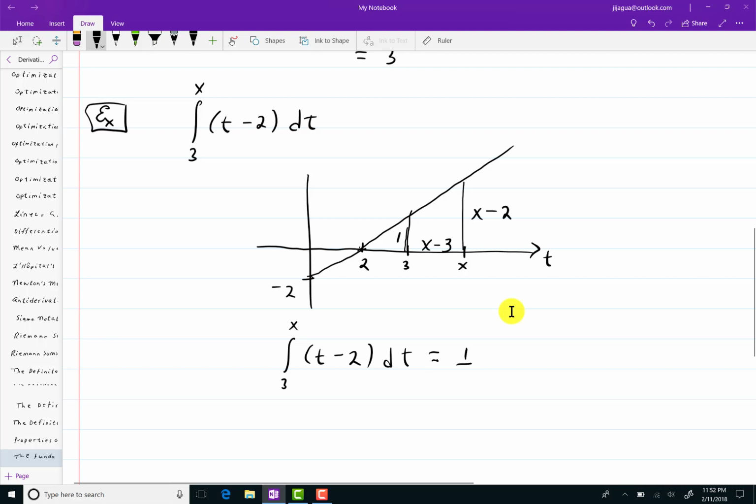It's 1/2, and then base 1 would be the lower base, so x minus 2, plus base 2, which would be 1, and then times the height, which was x minus 3.